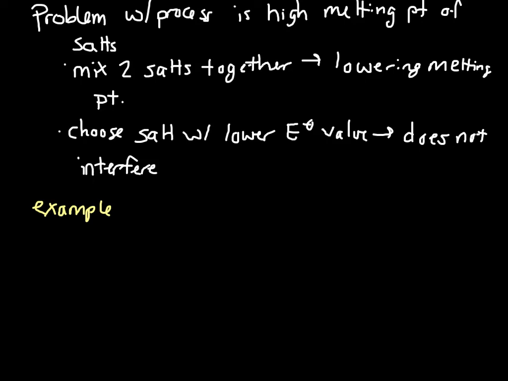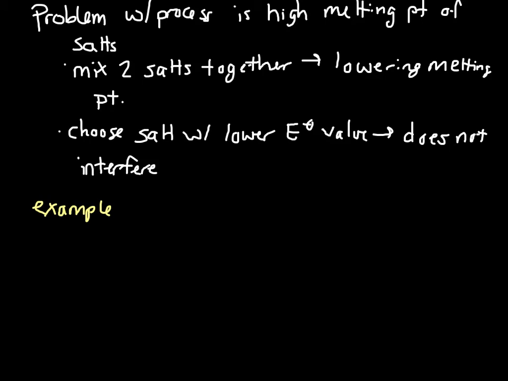If we want to pull sodium and chlorine apart, sodium chloride, the salt, has a melting point of 801 degrees Celsius. Therefore, we mix it with calcium chloride to bring the melting point down to 580 degrees Celsius. That is significantly lower, which makes it more economically feasible. Why did we choose calcium chloride?